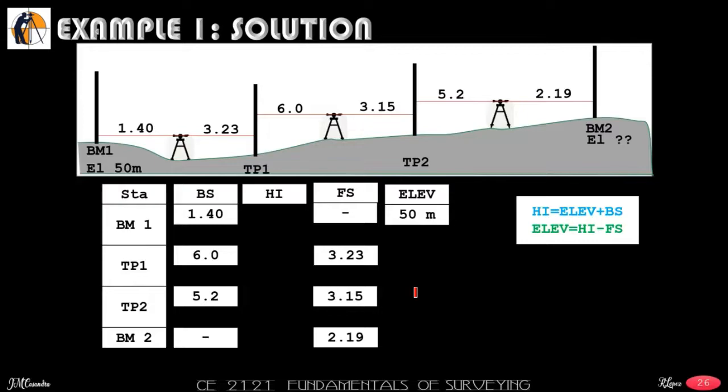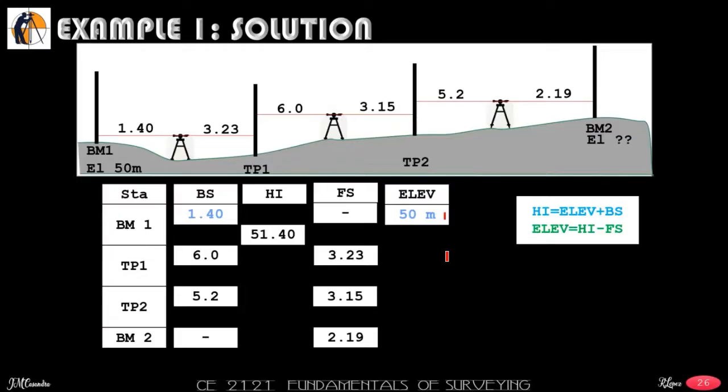So the height of instrument is equivalent to the elevation of the station plus its backsight. So for BM1, we know its elevation, so it will be 50 plus 1.4, so it will give us 51.4.